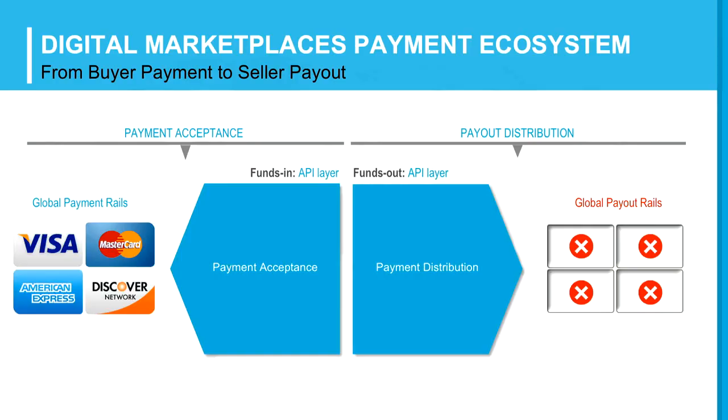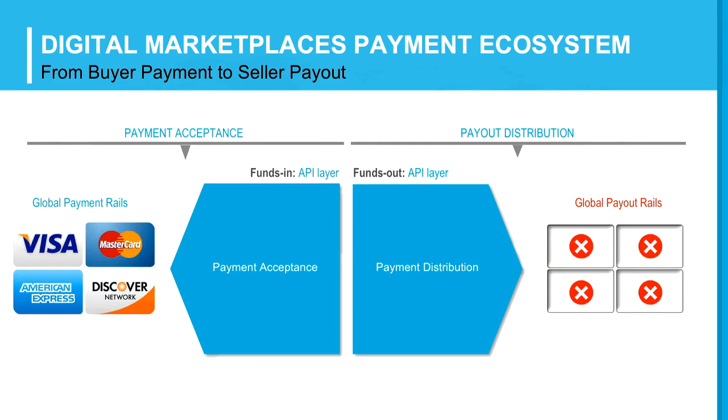So if we drill into the payment ecosystem of digital marketplaces, you'll find that there's really two payments that take place. The first payment is called payment acceptance, and that's where the buyer pays for the good or service that the seller is offering through that marketplace.